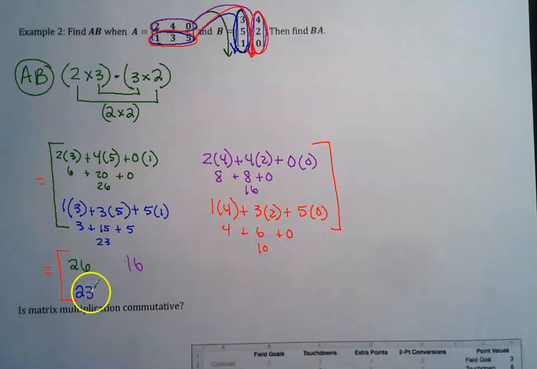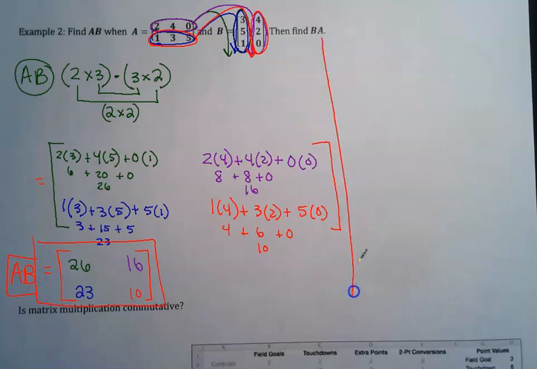So on our second row, second column, we have a 10. So this is our final matrix. This is AB. AB equals [26 16; 23 10].